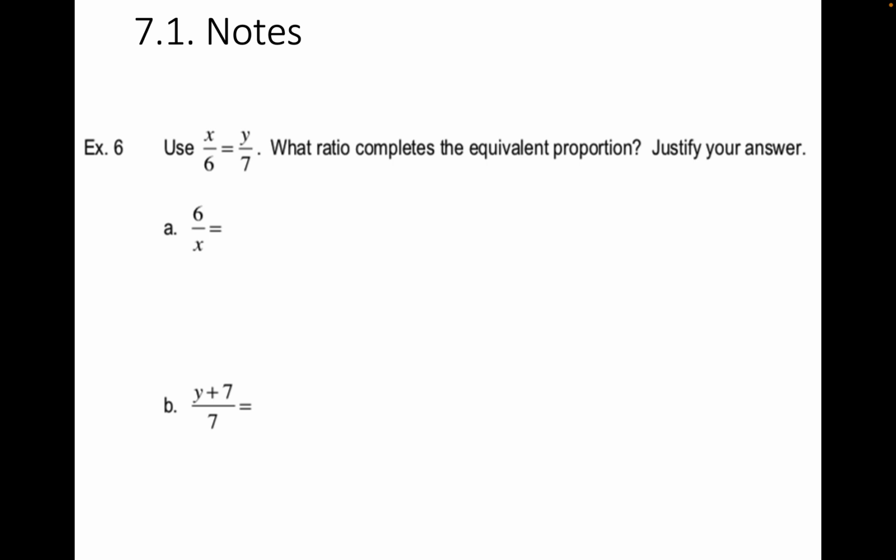All right, the same thing is true for these next couple problems here. Once again, if I have x over 6 equals y over 7, it's the same ratio as before. What ratio completes the equivalent proportion? Justify your answer. All right, so again with A, what I see here is that I've simply taken the reciprocal of the fraction on the left.